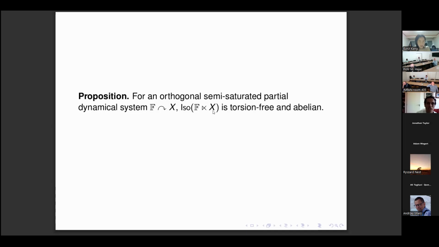Because the isotropy groupoid is a union of stabilizer group times X. Because the isotropy bundle is just the union of the isotropy groups, and then we show that in this instance, each isotropy group is isomorphic to a subgroup of the integers.